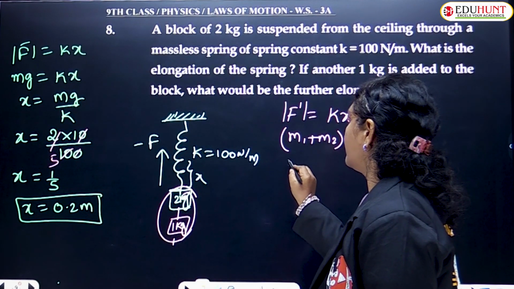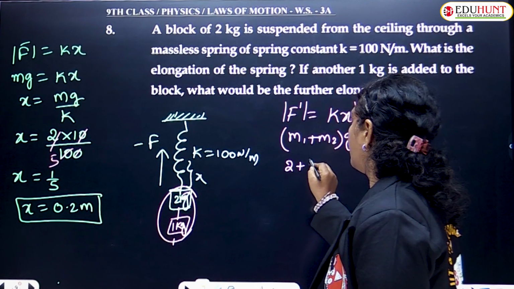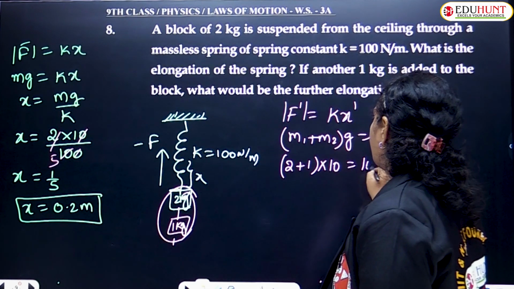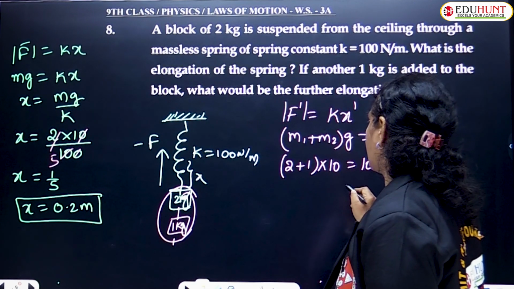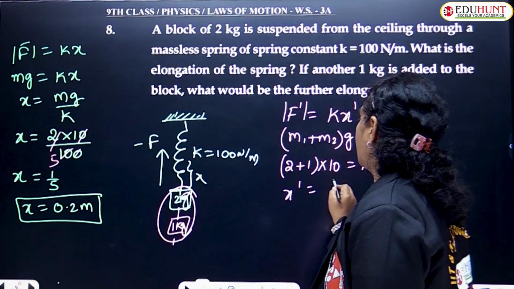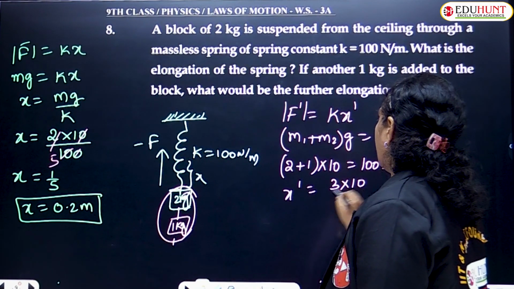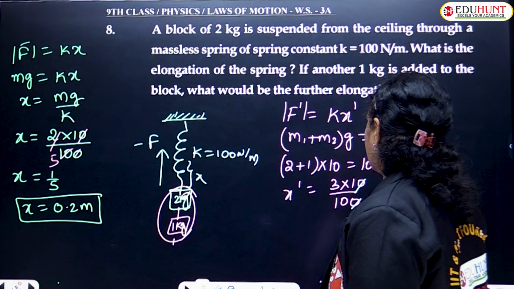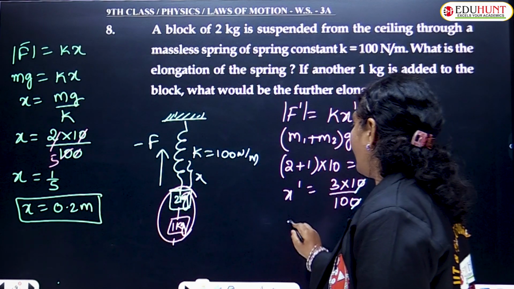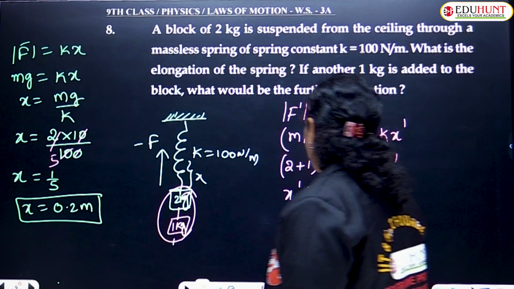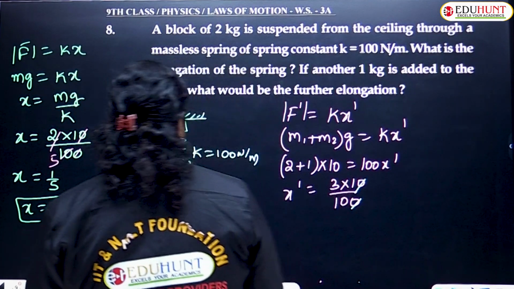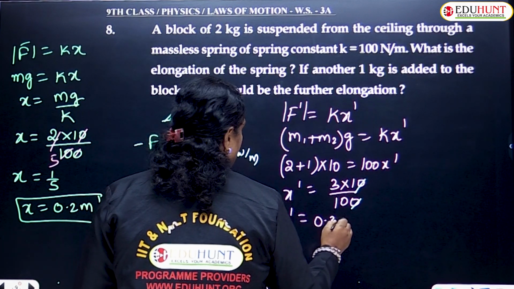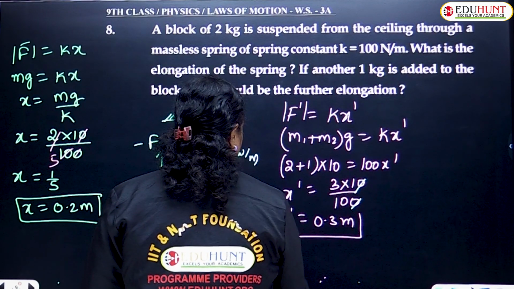The first mass is given as 2 kg and the next mass is an extra 1 kg, into g, let me take it as 10, equals 100 into x dash. Or x dash is equal to 3 into 10 upon 100. Solving this, this and this get cancelled. So the value of x dash is found to be how much, children? x dash is equal to 0.3 meters.